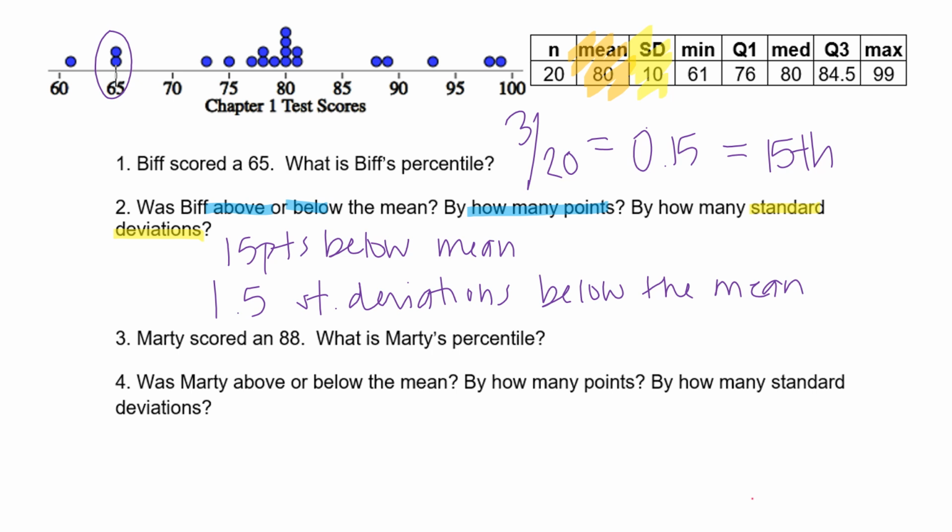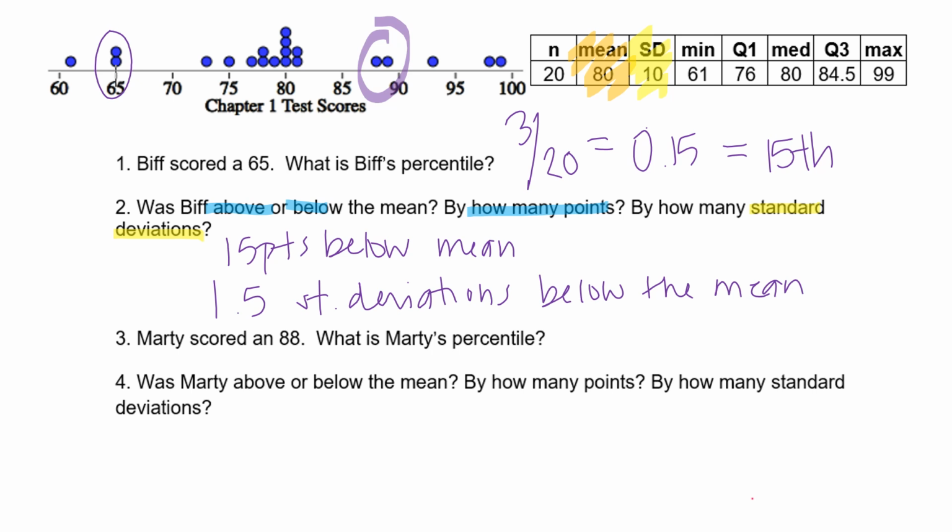Marty scored an 88. What is Marty's percentile? Hopefully you could do the same thing we did. You need to decide which of those 2 points it was, and then you had to count which ones. If you looked at all of the individual scores, you should hopefully know that it is technically the point on the right-hand side of that.